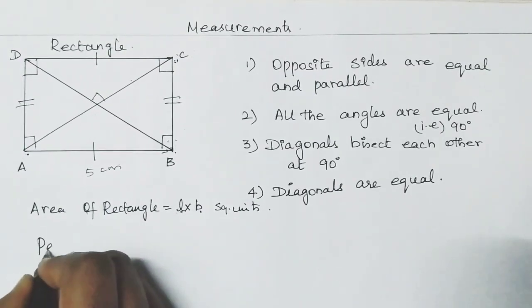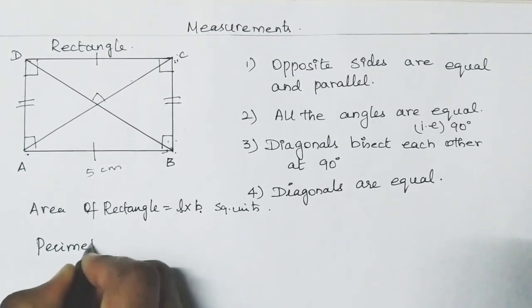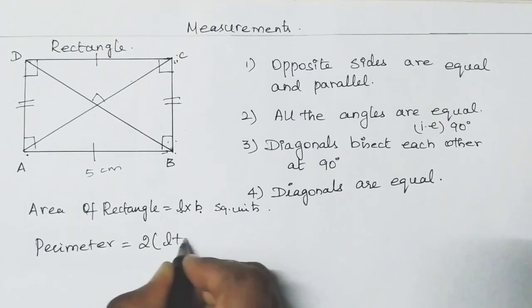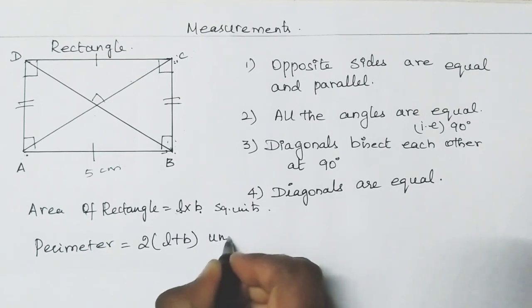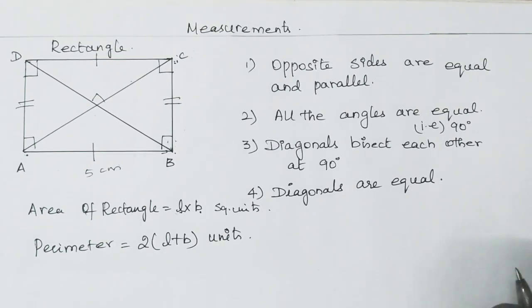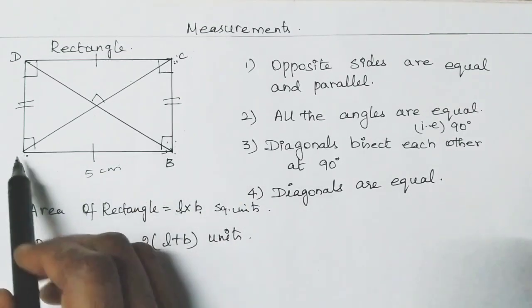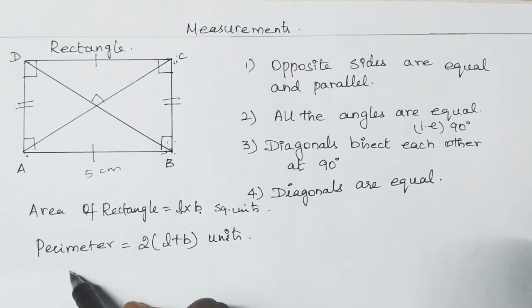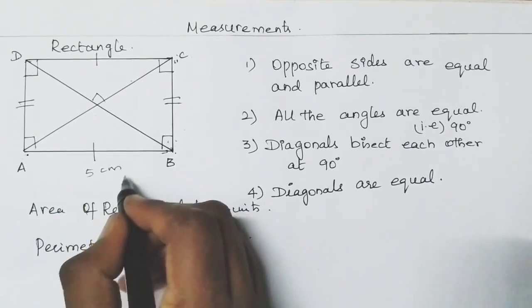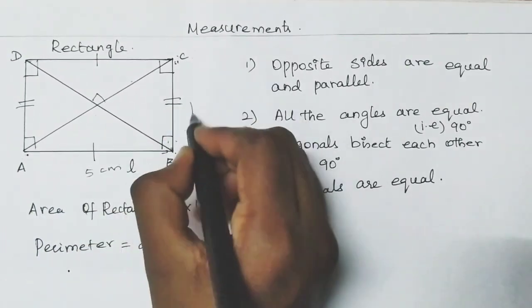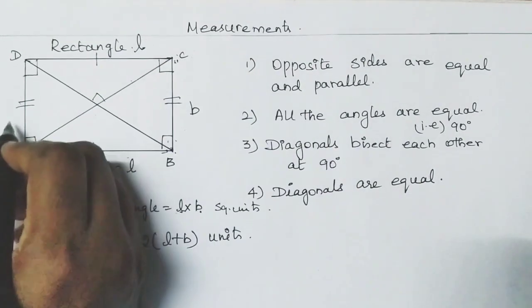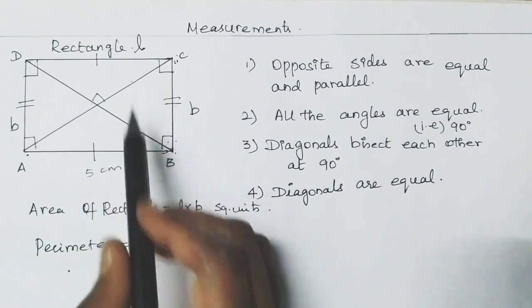Now perimeter of a rectangle. 2 into L plus B units. Because perimeter, you know, is the adding of all the sides. So here this is L, this is breadth B, this is also L, opposite sides are equal, and this is B. So how many lengths?